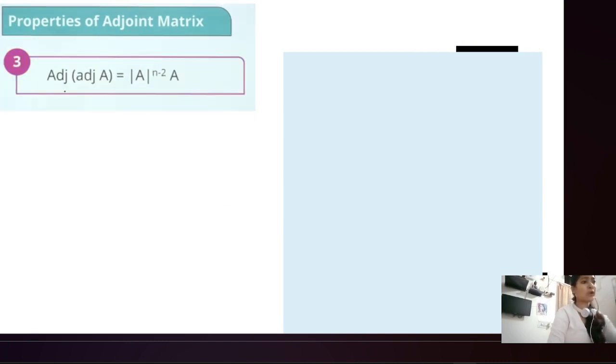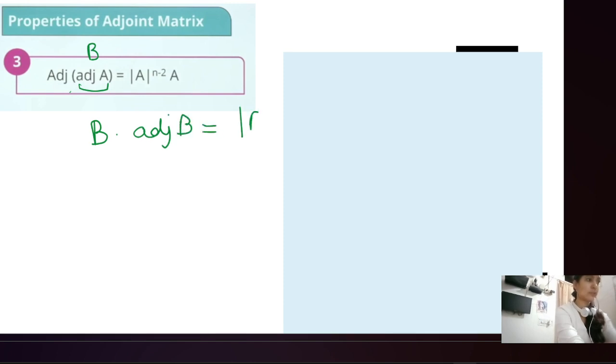Yeah, the next property says adjoint of adjoint of A is equal to determinant of A power n minus 2 times A. Okay, that we have to prove here. So let us suppose this adjoint of A is B. We are taking this as B. Okay, so according to property 1, we can say B times adjoint of B is equal to determinant of B times I, right?